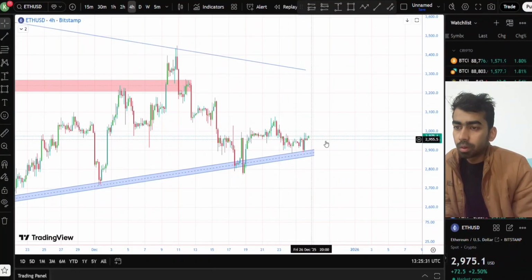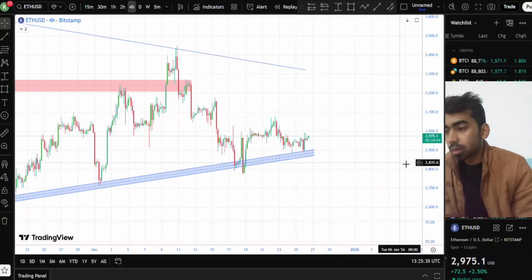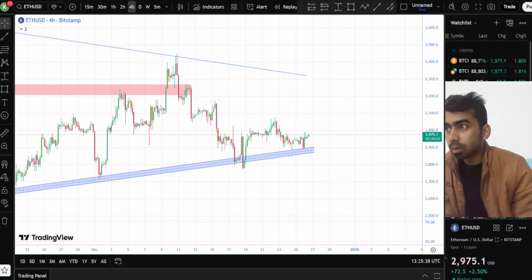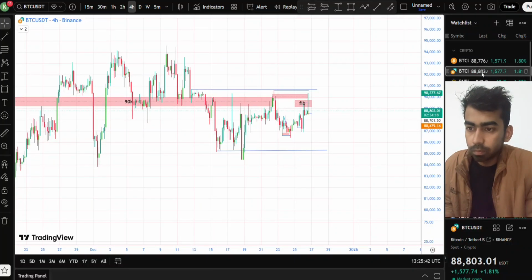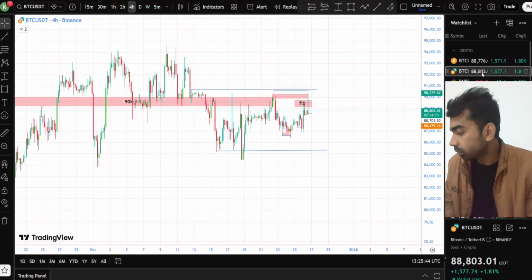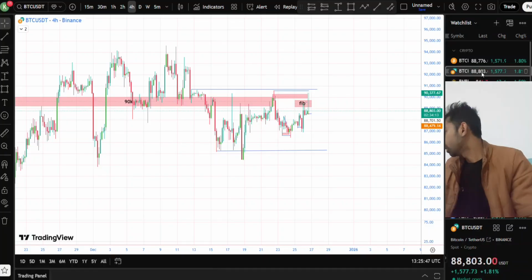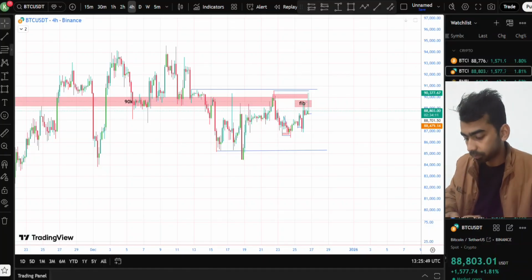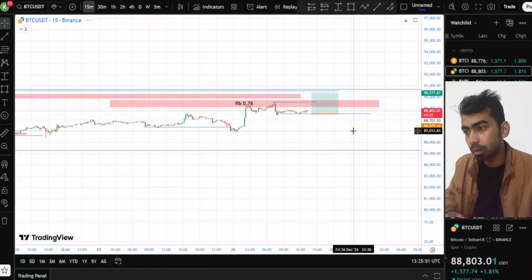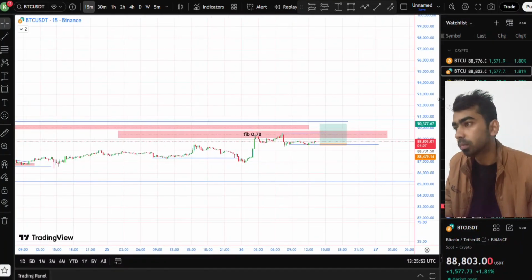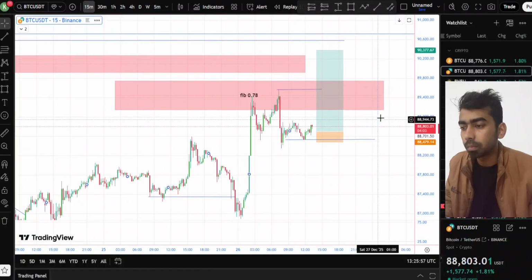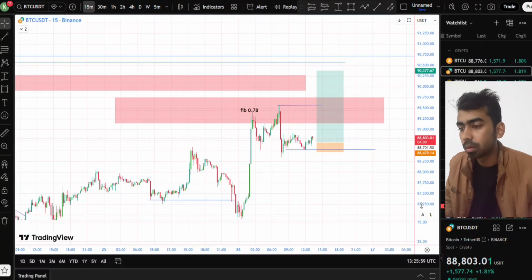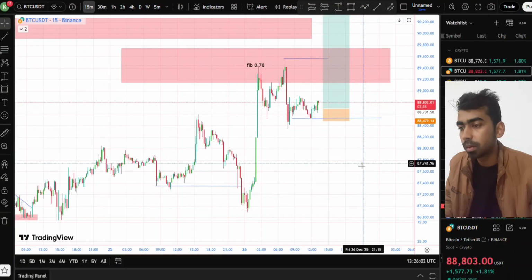Okay, what about Ethereum? Similar pattern like BTC. Now it is going upside. Let me check what is actually happening in BTC.